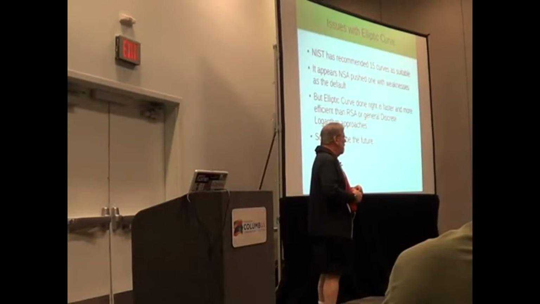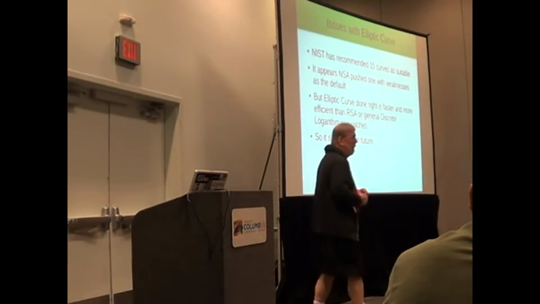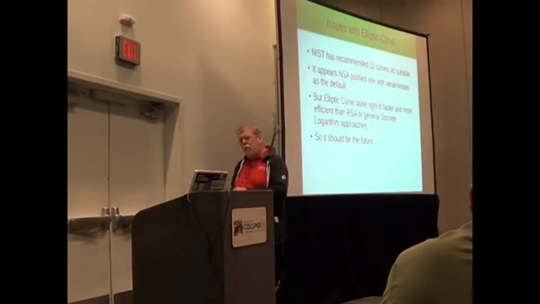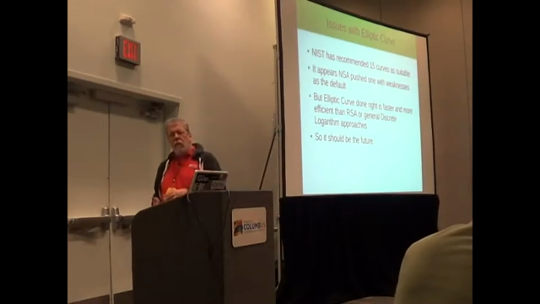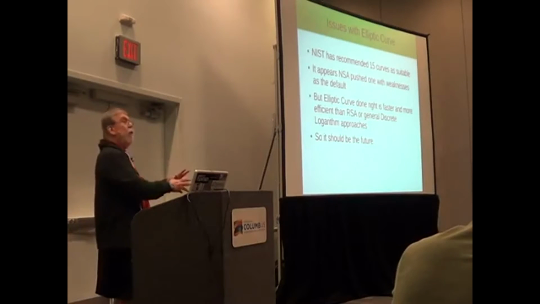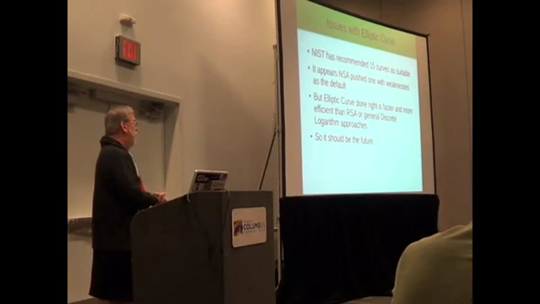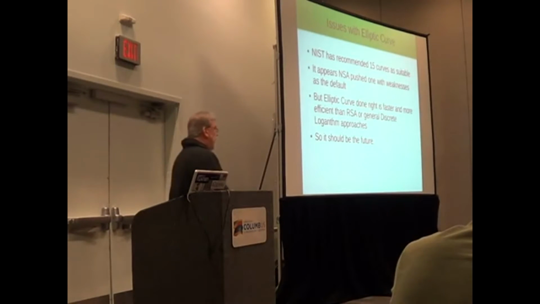It's the most butt-ugly one of the bunch. So it's pretty clear that the NSA forced this process into choosing as the default a curve that is deliberately weakened.